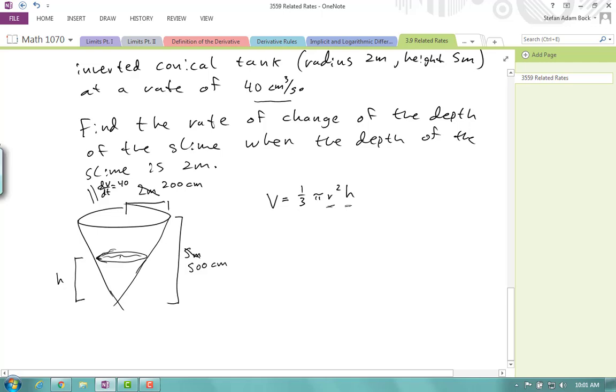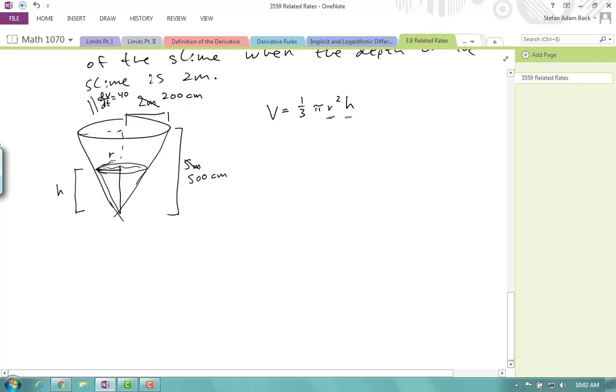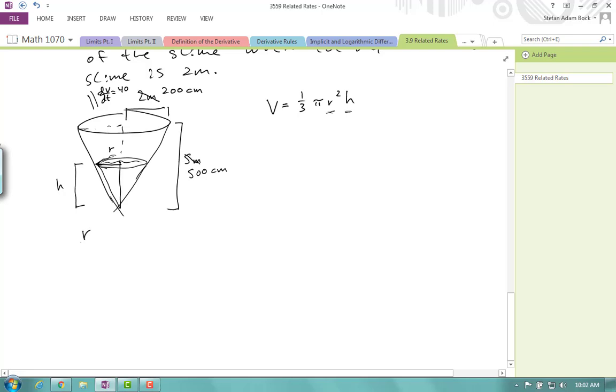So I'm actually again going to use similar triangles for this problem. Here I have a height associated with the slime, and I have a radius associated with the slime. But this triangle that I've drawn down here is similar to the triangle that makes up the bigger cone. So I have that r is to 2 as h is to 5.